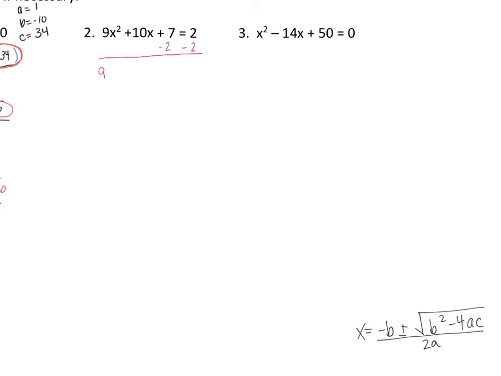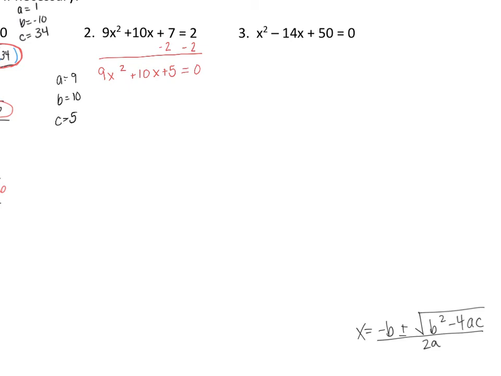So now I have 9x squared plus 10x minus 5 equals 0. Now I'm set equal to 0, so I can go ahead and label. My a is 9, my b is 10, and my c is, oh, this is a negative 5, my bad.